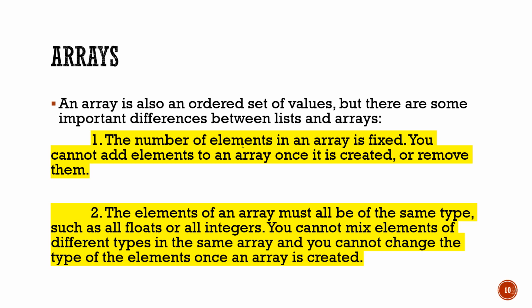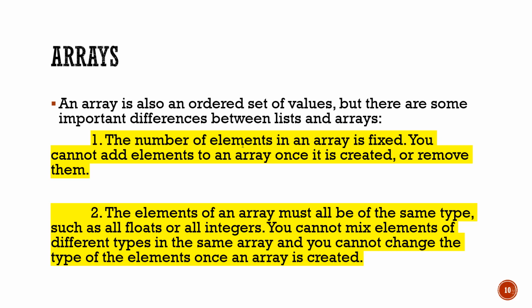The second difference between lists and arrays: the elements of an array must all be of the same type. If one is a float, all the elements are floats. If one is an integer, all the elements are integers. You cannot mix elements of different types in the same array, and you cannot change the type of the elements once an array is created.